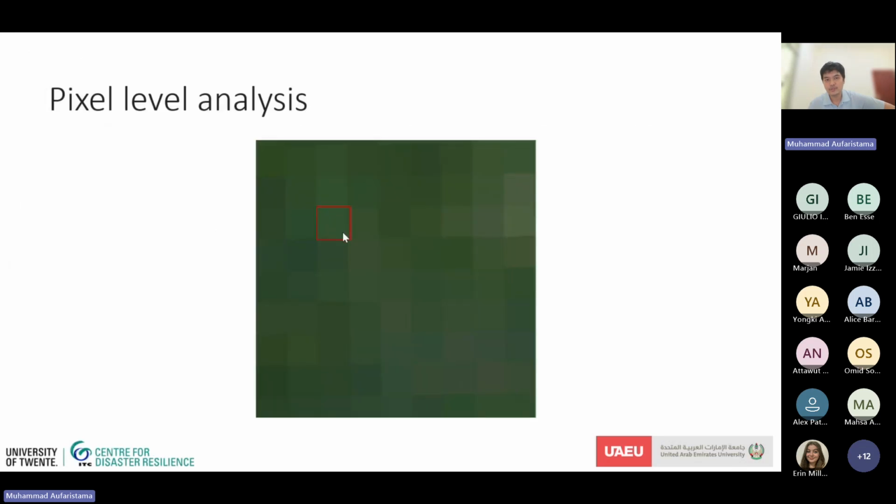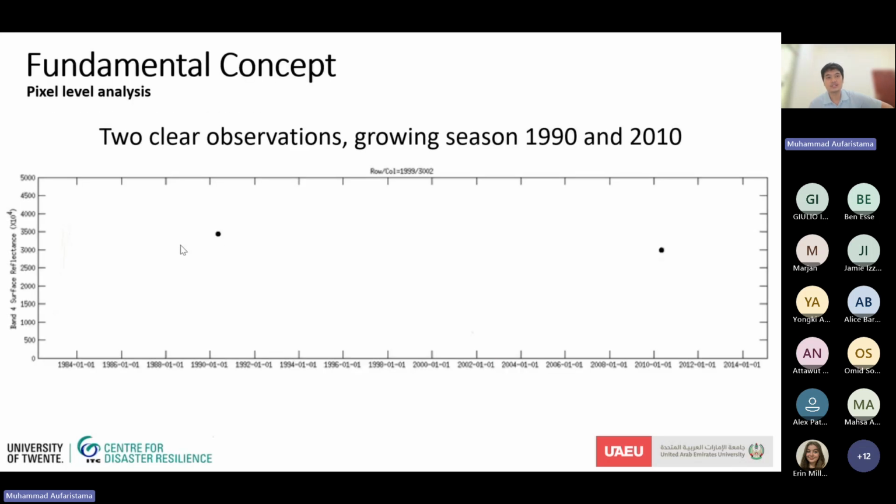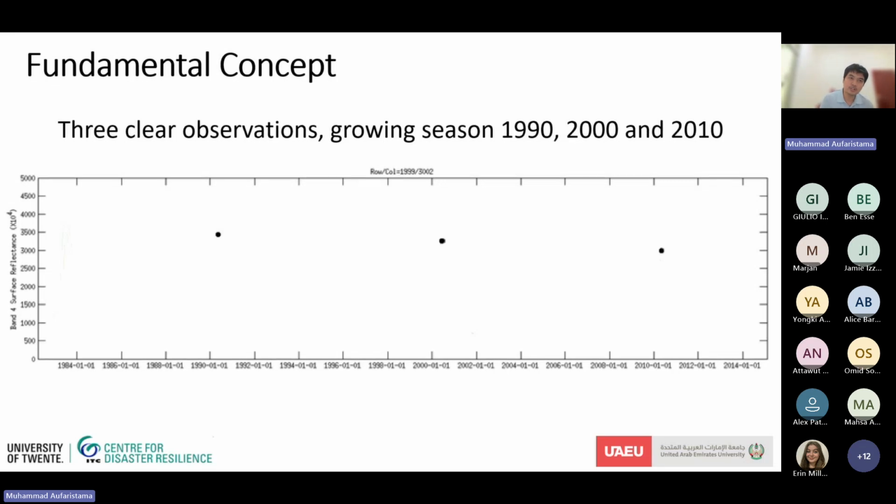So, for example, if you click one pixel in 1990, and then the same pixel in 2010, you can see this is kind of similar. So there is no change in the pixel. But that's from two clear observations. What if we increase to three clear observations, like growing seasons in 1990, 2000, and also 2010?